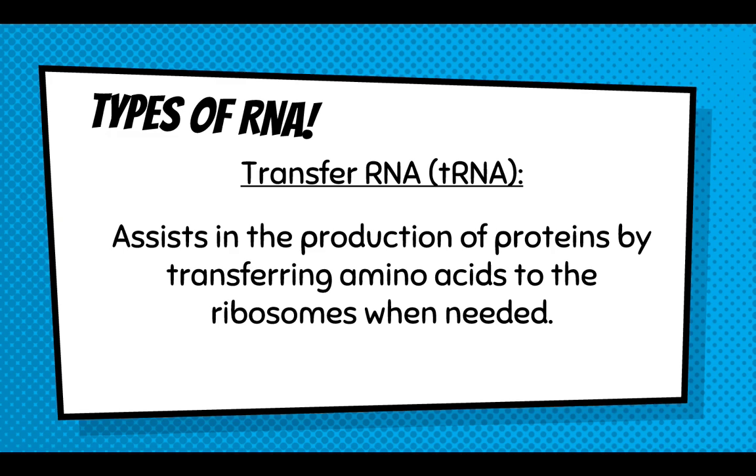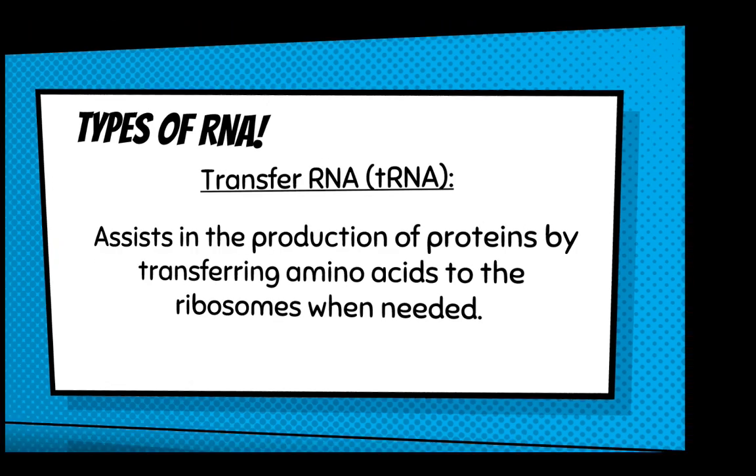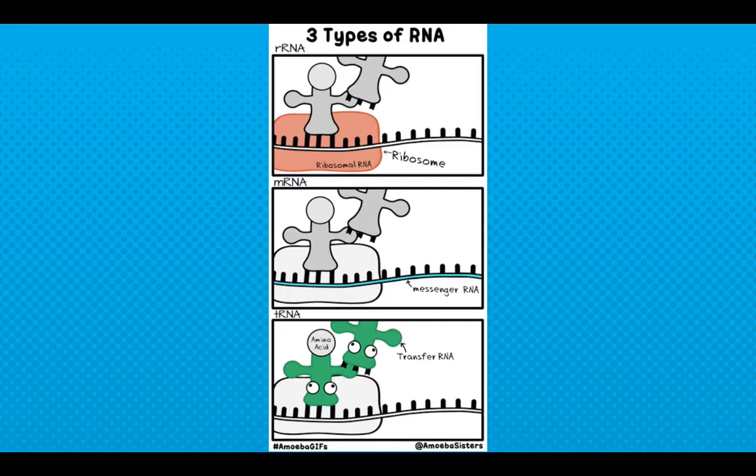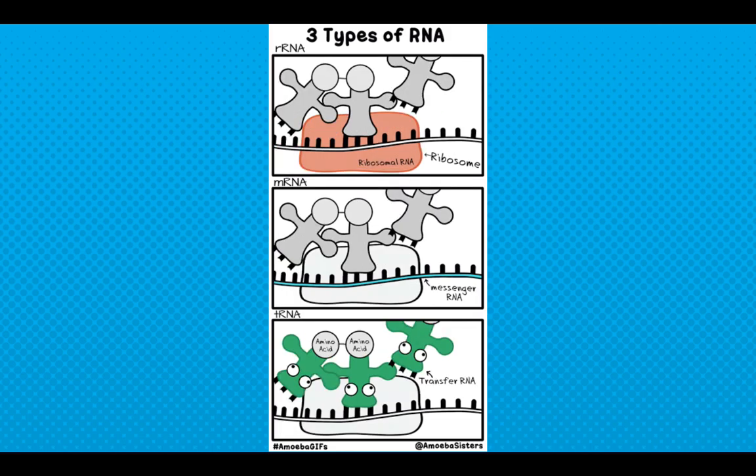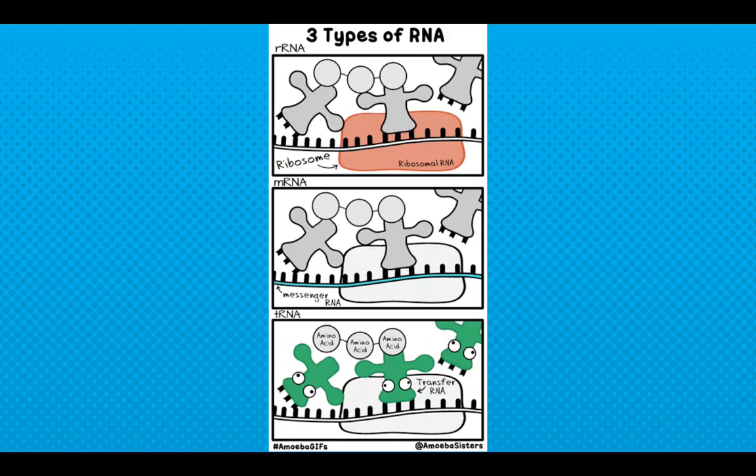So mRNA is a messenger. It takes the message to the rRNA. rRNA is the ribosome, and tRNA is the transfer. It transfers amino acids to the ribosomes when they need it. So this graphic kind of shows you how all three work together.